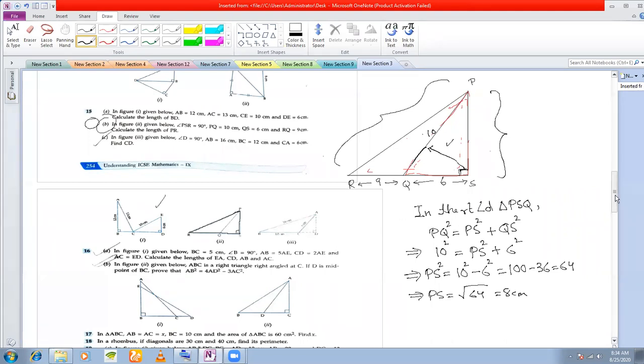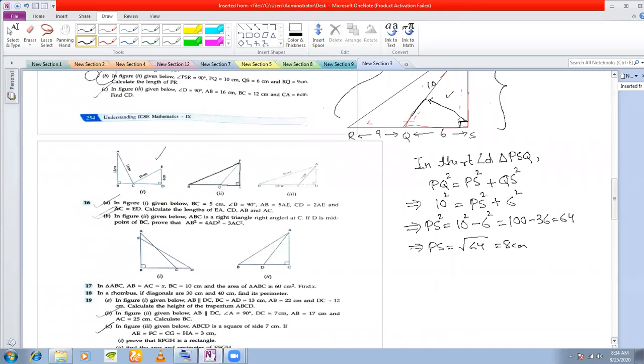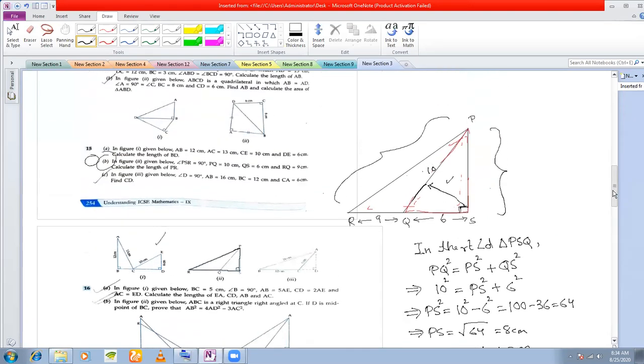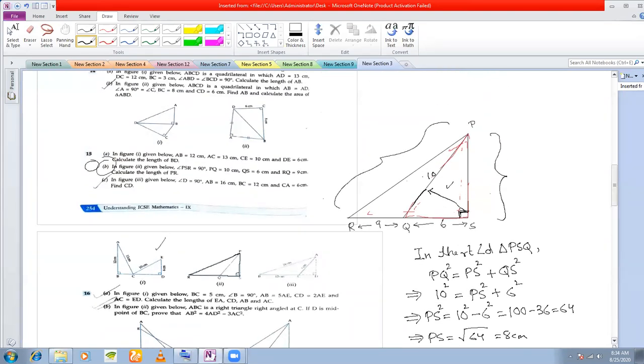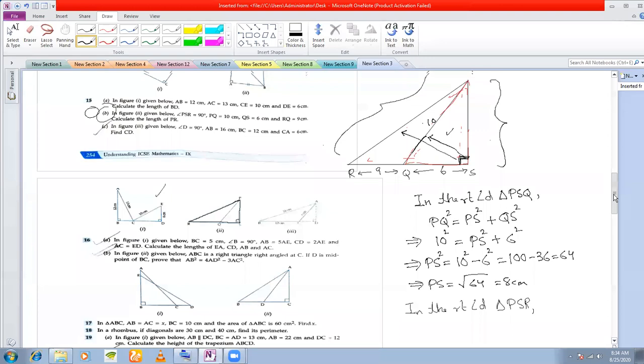Now look at the bigger right angle triangle. In the right angle triangle PSR, which one is the hypotenuse? This is a 90-degree angle, so this must be the hypotenuse, PR, the side that we need to calculate.